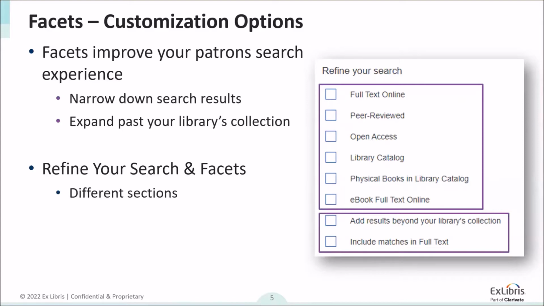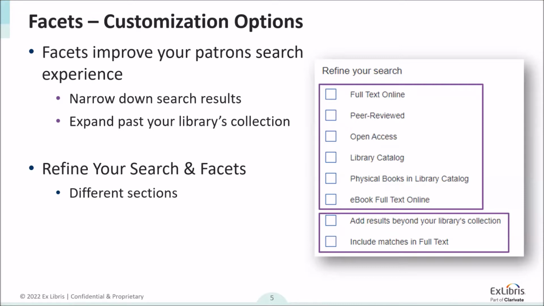So maybe you're looking for a physical book in your library or a full text ebook that you're just able to access online. You'll be able to narrow down your search results using these refine your search sections. And also you'll be able to expand past your library's collection, so your patrons can go beyond what you're subscribed to in the client center.